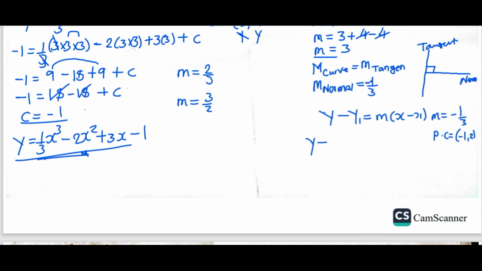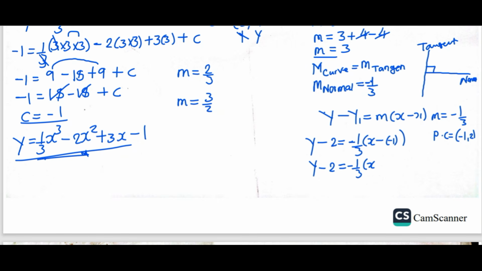What is our y1? Our y1 is just 2. Then the gradient is negative 1 over 3, and x1 is negative 1. Now we can simplify. This will give us y minus 2 is equal to negative 1 over 3.